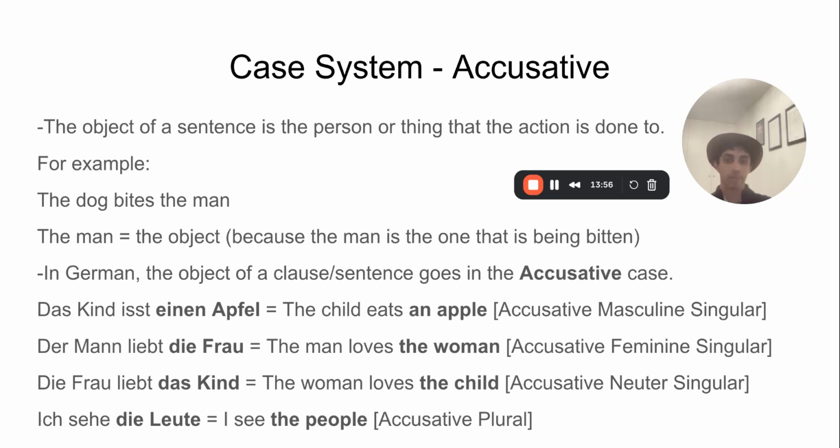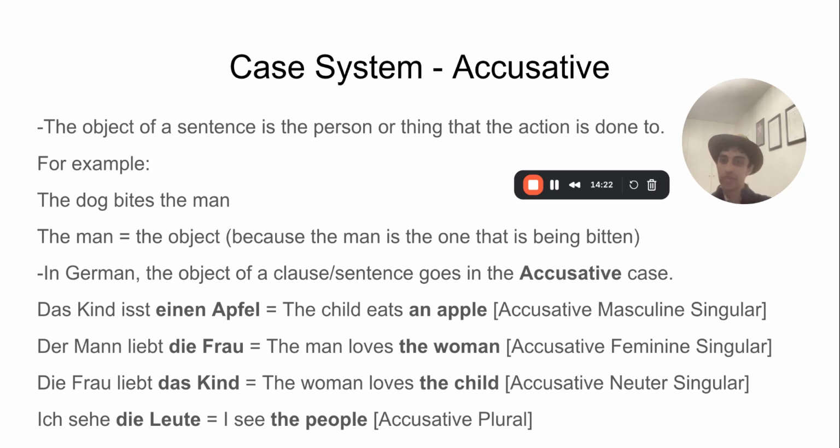So there is a change there, but not in the accusative feminine singular, not in the accusative neuter singular, or even in the accusative plural. In the plural, this example is ich sehe die Leute, I see the people. That's an example of the accusative plural, and as before, there's no distinction based on gender for the plural, at least in German, which makes it a bit easier.